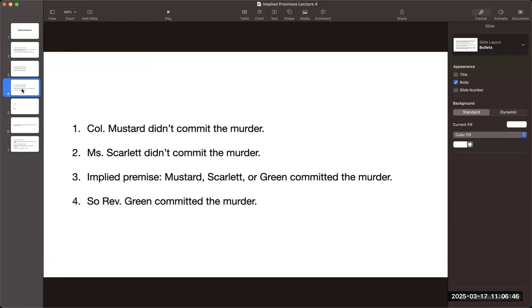If it's not these other two, that doesn't mean anything about Green doing it, but if it's not these other two and it was him or one of those two, well, definitely he did it, right? So the implied premise: Mustard, Scarlet, Green, one of them committed the murder. Wasn't him, wasn't her, so it was the remaining one.